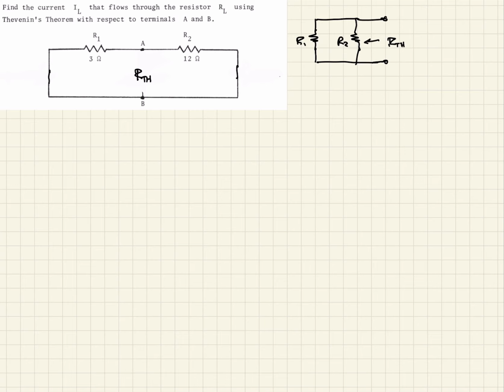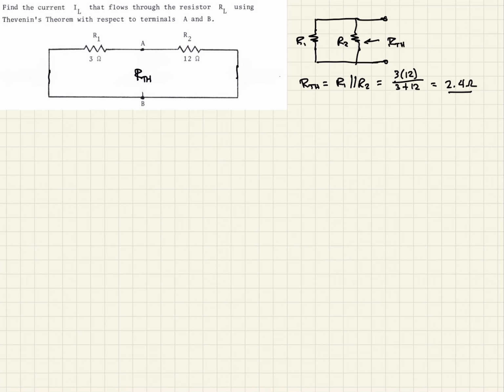And so our Thevenin resistance, we can see from this diagram, is simply R1 in parallel with R2. So we can write that as 3 times 12 over 3 plus 12. And when we calculate that, that gives us 2.4 ohms. So there's our Thevenin resistance between A and B.